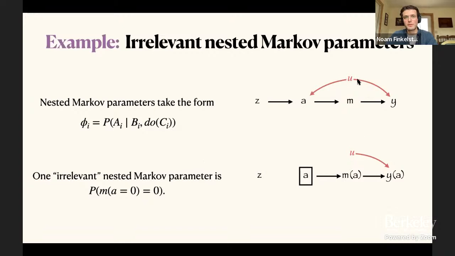What we're looking for is nested Markov parameters that cannot be affected by the distribution of U, in other words, that are not a function of the distribution of U. If I change the distribution of U, which nested Markov parameters are not going to change? Do we already know they are not going to change as a result of the model? In this case, if I change the distribution of U, we know that this probability can't change. So that's the notion of relevance that we're using. I hope that answers the question.